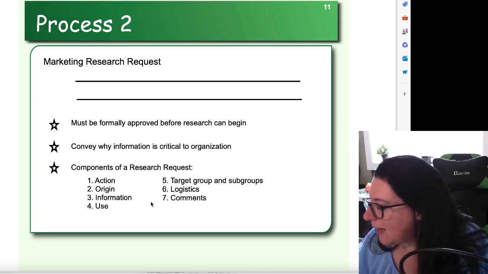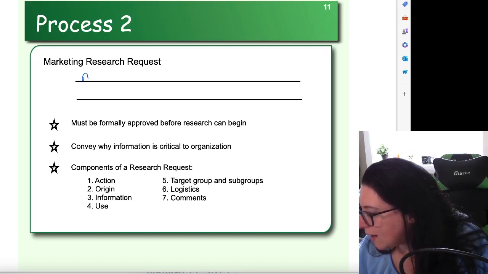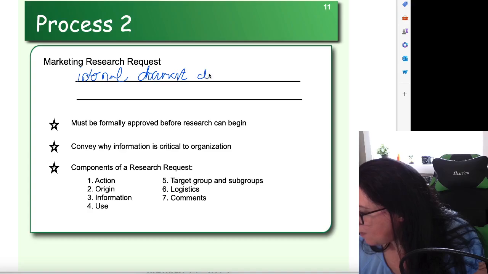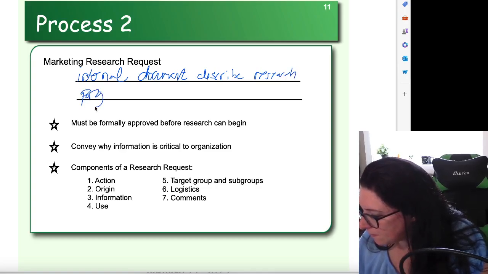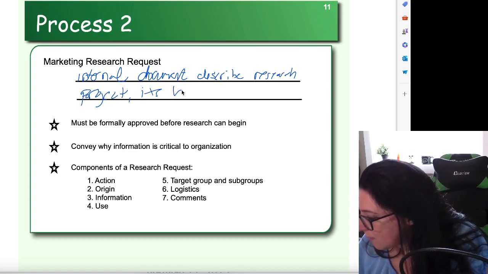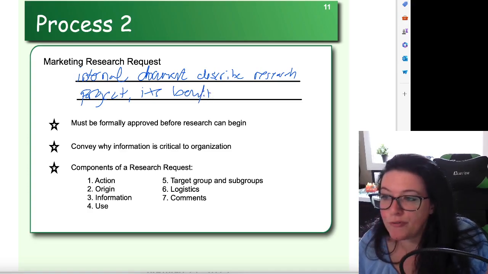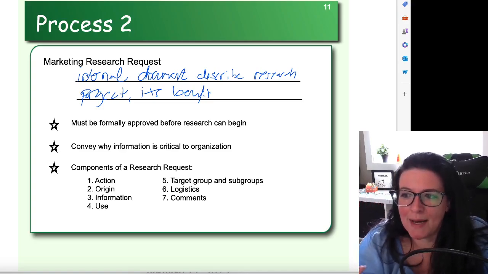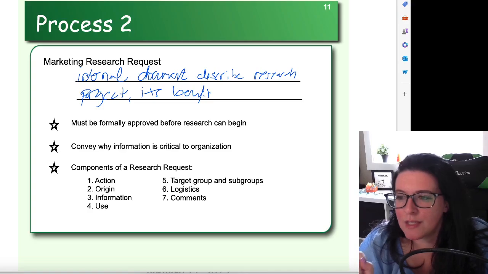All right, so a research request is an internal document. That internal document is going to describe the research project, its benefits, because remember, you're trying to get your boss to approve you to be away from your regular work or to provide money for this particular project.